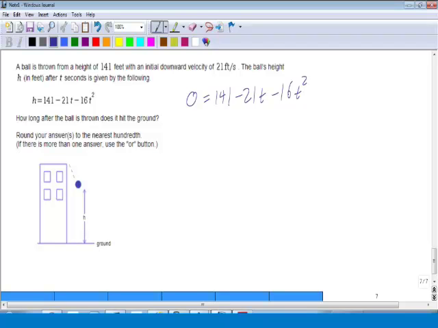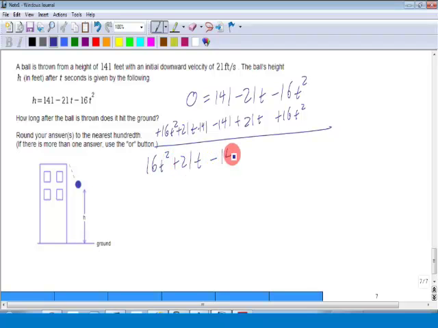It's just a little cleaner, neater way of approach. So I'm not going to interchange the two sides, but I'm actually going to add 16t squared to both sides and add 21t to both sides and subtract 141 from both sides to get 16t squared plus 21t minus 141 equals 0.